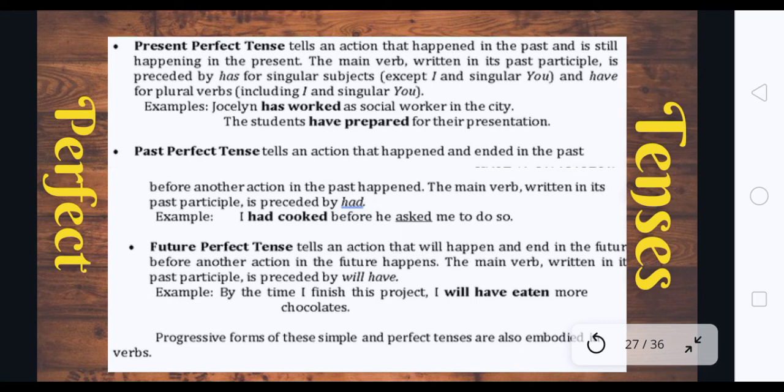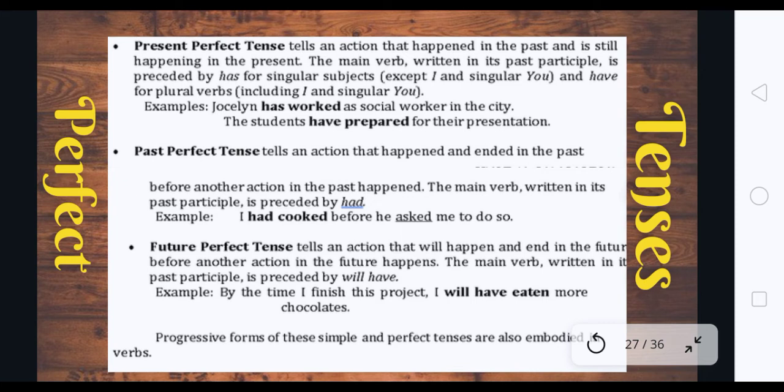The main verb, written in its past participle, is preceded by has for singular subjects except I and singular you, and have for plural subjects, including I and singular you. Examples: Jocelyn has worked as social worker in the city. The students have prepared for their presentation.